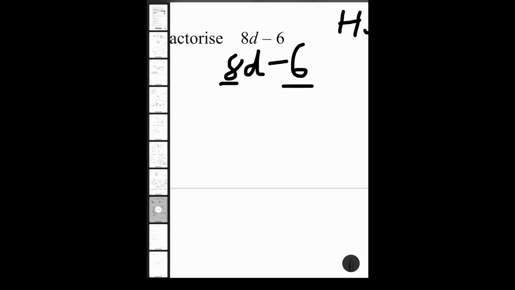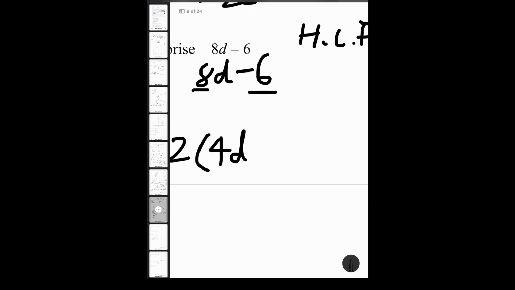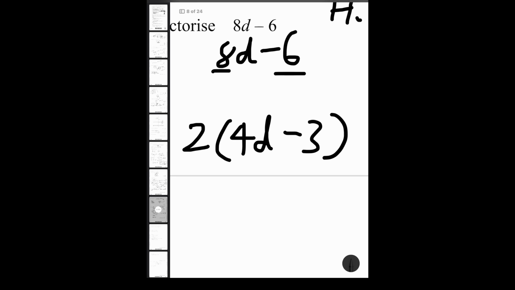So what goes into them? Obviously, it's 2, right? So 8 divided by 2 is 4, d. So just put the d there because we didn't touch the letters, right? So minus 3, because 2 times minus 3 is minus 6.